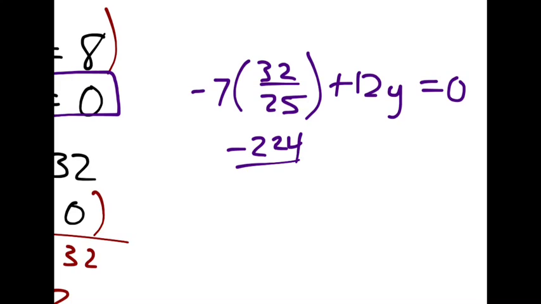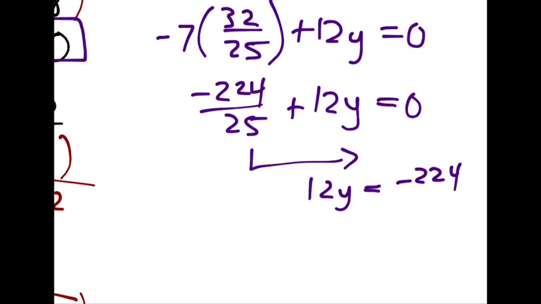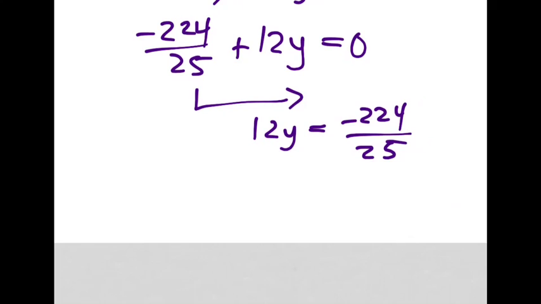Over 25 plus 12y equals 0. I'm going to bring that beast over. So you have 12y equals negative 224 over 25. It becomes positive. Divide it with that 12.